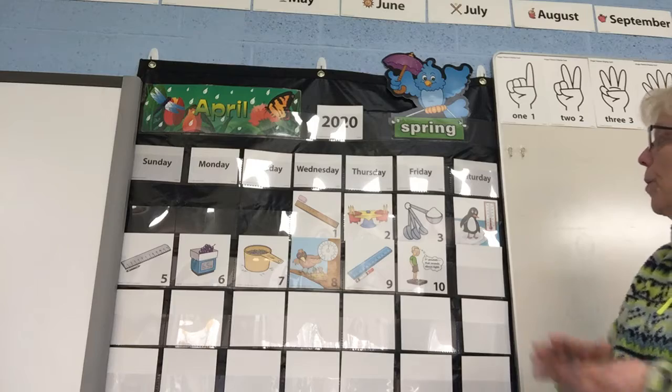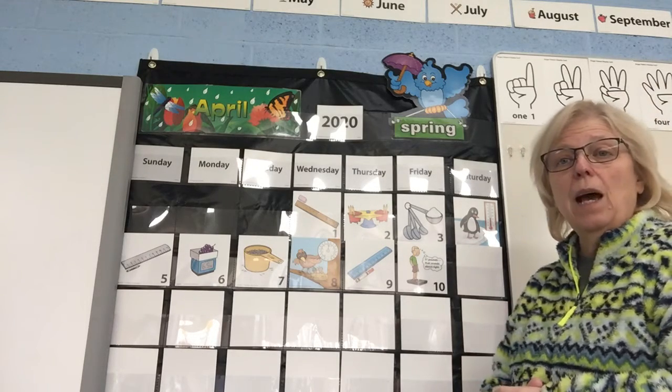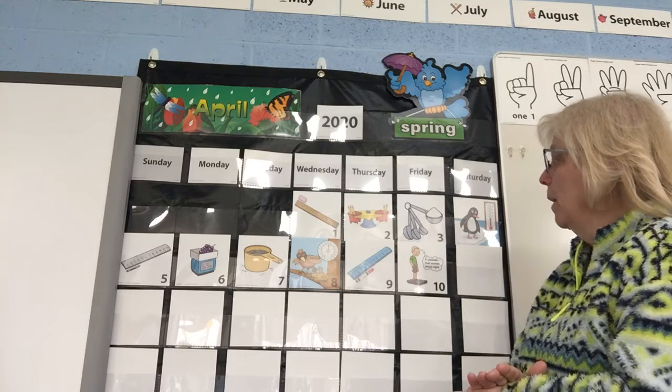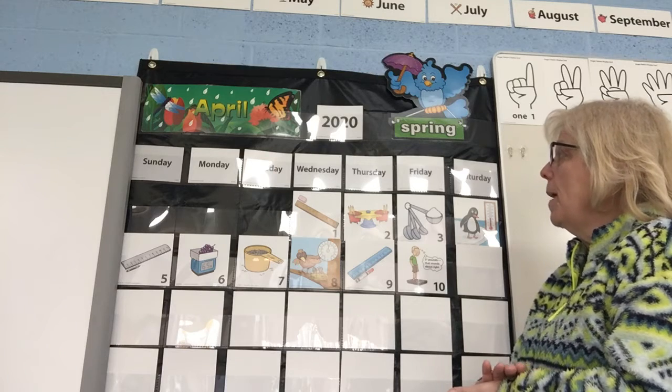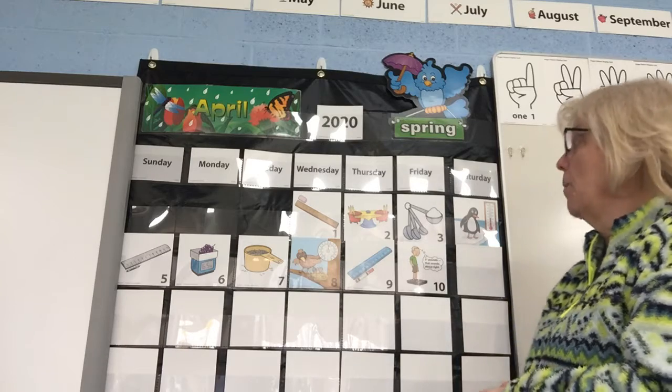Now, we're going to do some counting, and we're going to find out with our pattern, as we change the numbers over, we talked about how we're talking about different types of measurement in our pattern.